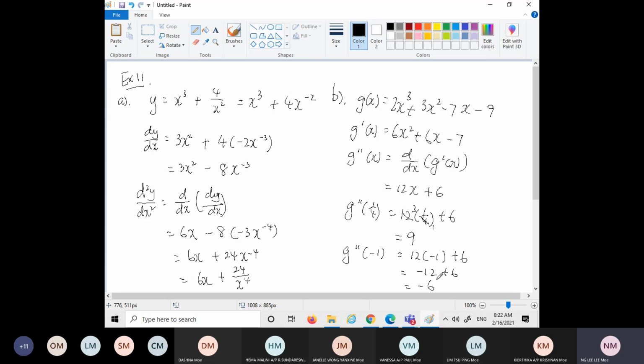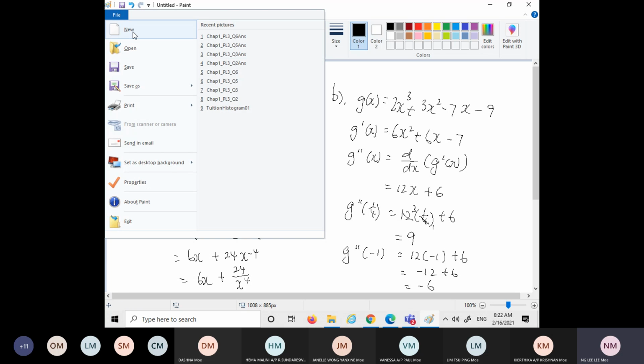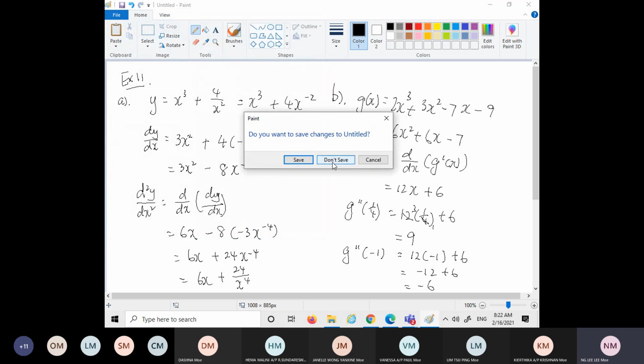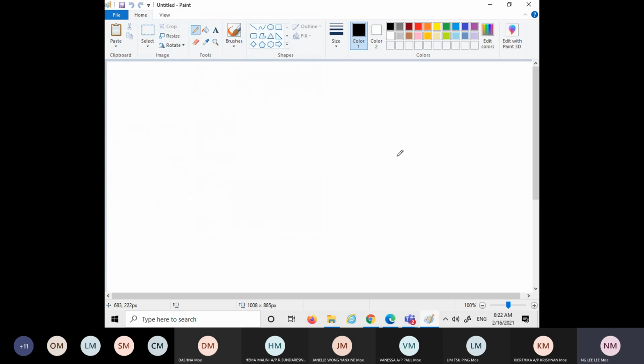Okay, next I will go to example 12. You can look at your textbook, example 12. Given the function f(x), a cubic function, find the value of x such that f prime x is equal to f double prime x.